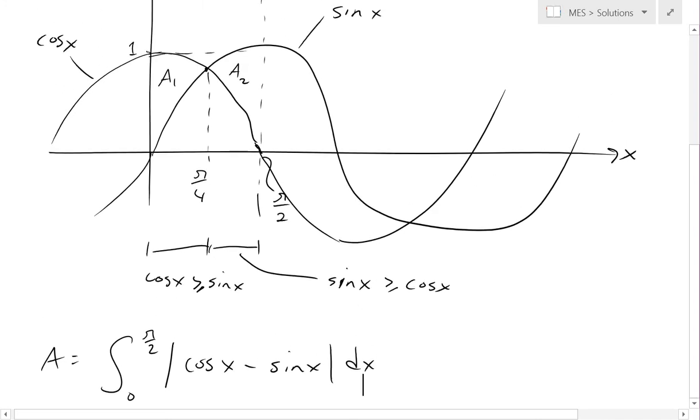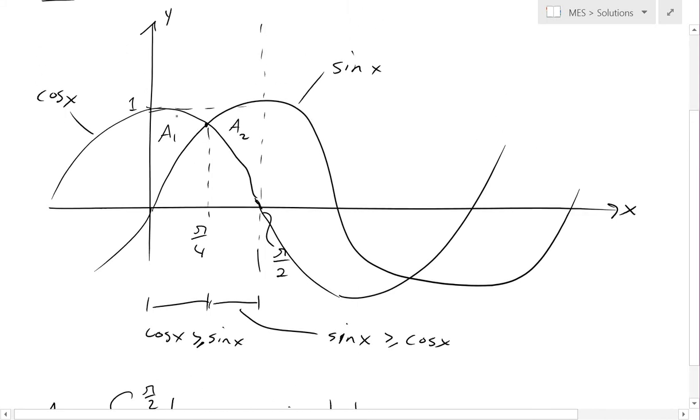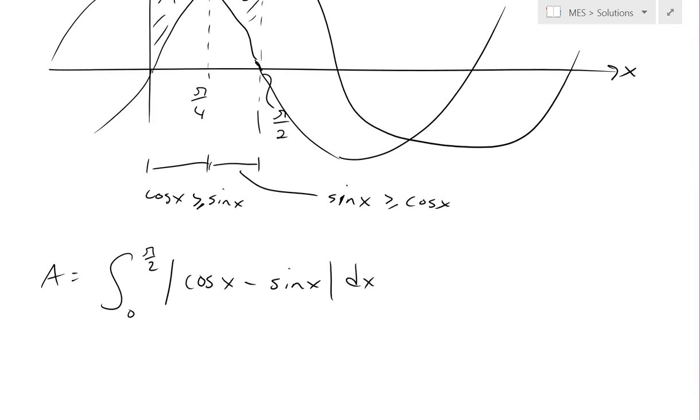Now when we look at the absolute value in terms of this area right here, this is just going to be cos x minus sine of x, so that's just going to remain positive. But on this A2 region we have to flip it, so it will be sine of x minus cos of x.